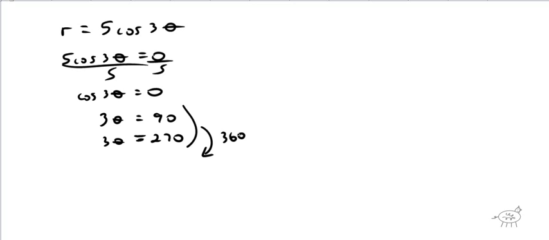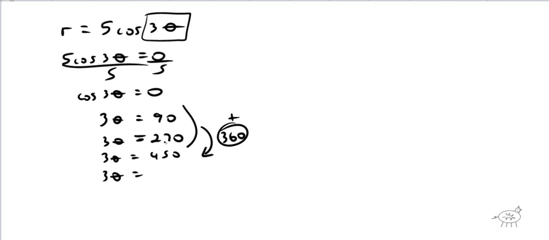I'm not going to explain it all over again, but really that 3 theta has to be whatever that value is, or theta has to be between 0 and 360. So 3 theta has to be between 0 and 3 times 360. That's just to refresh your brains on why I'm adding that 360. So if I add 360, I get 3 theta is equal to 450, adding that to 90, and then 3 theta is equal to 360 plus 270, which is 630.